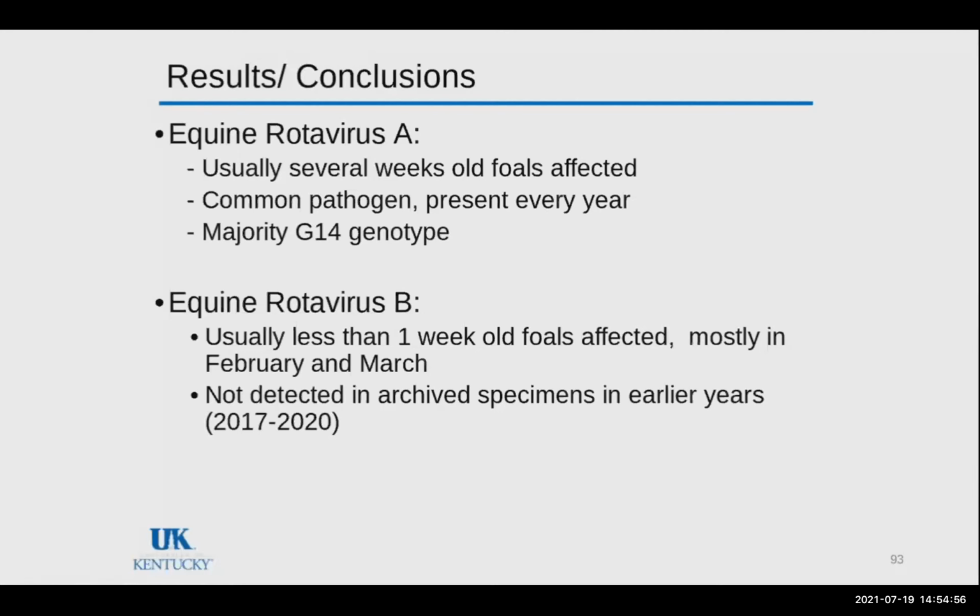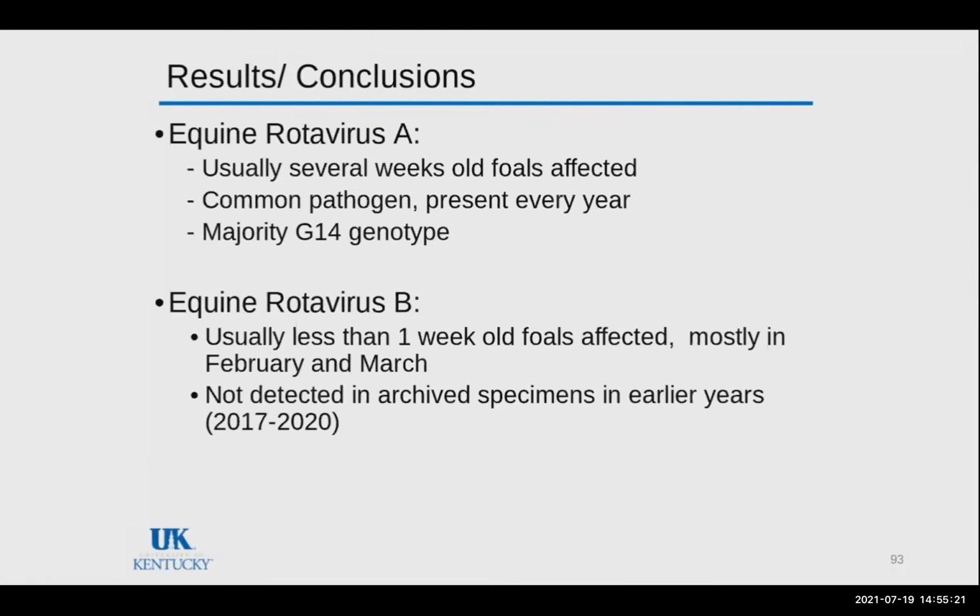Now, of course, we don't know if this will happen next year or in the following years. And those are interesting questions Dr. Lee raised. Where did they come from? And will it happen again? Of course, there may be some other host, an intermediate host or a maintenance host.